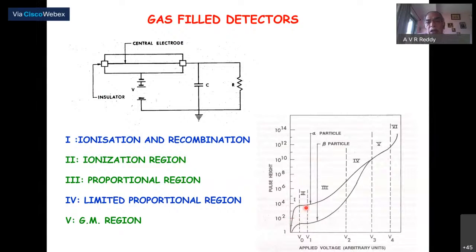Now imagine, suppose we increase the voltage further, what will happen? See, we have the provision here to change the voltage. Electrons are produced at the point of interaction, and from there they are moving towards the anode. Now if you are increasing the voltage between anode and cathode, the electric field will increase.